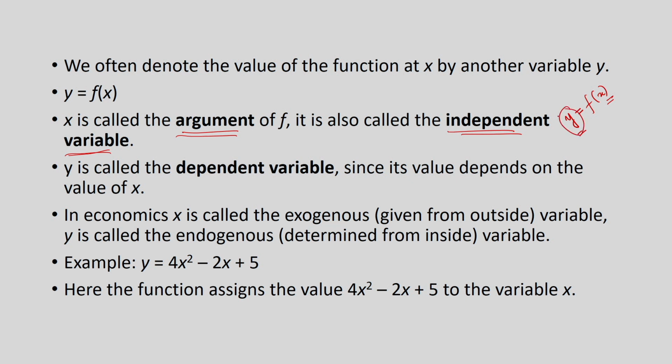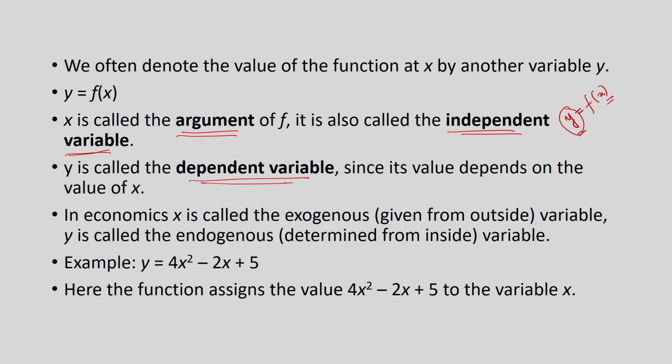That is why it is called the independent variable, and sometimes it is called the argument of this particular function f. On the other hand, there is this other variable that we have generated through the function, this y is called the dependent variable.